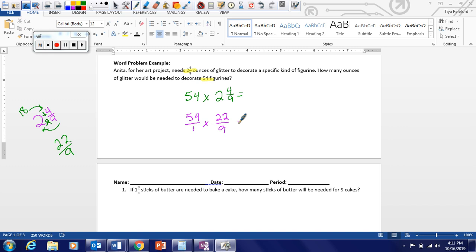Now, I will tell you, you can simplify 54 and 9. You can divide them both by 9. So I would do that if I were you. It's going to make your answer way easier.